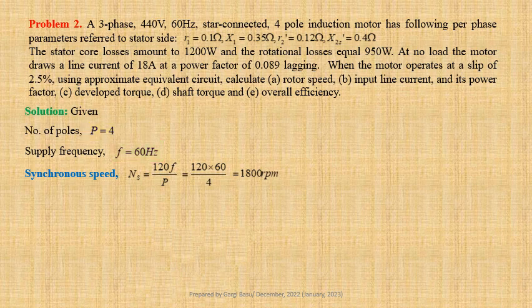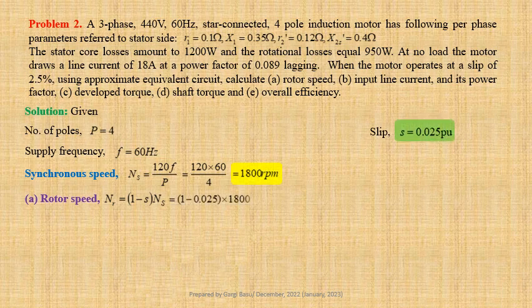Expression for rotor speed Nr equals (1 minus S) times Ns. Given slip S equals 0.025 per unit. Therefore, Nr equals (1 minus 0.025) into 1800, that gives us 1755 revolutions per minute.